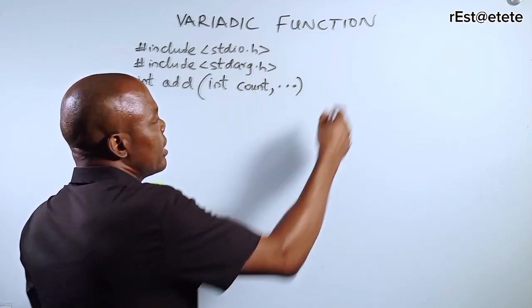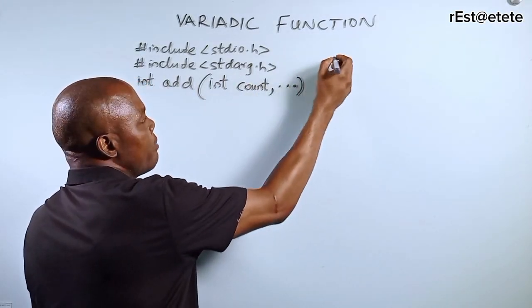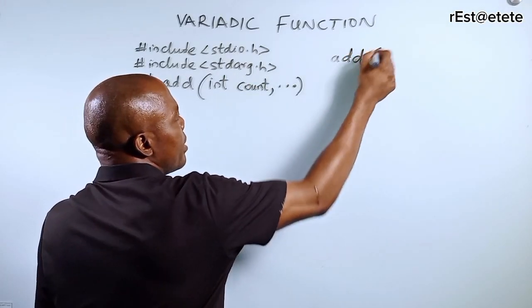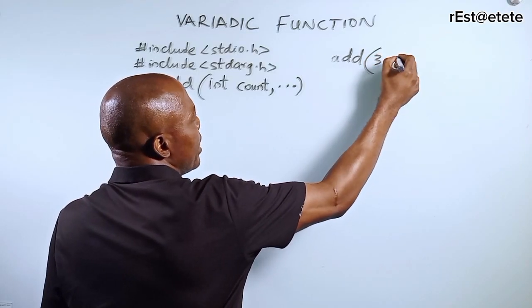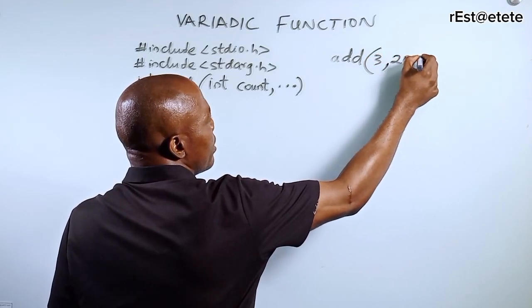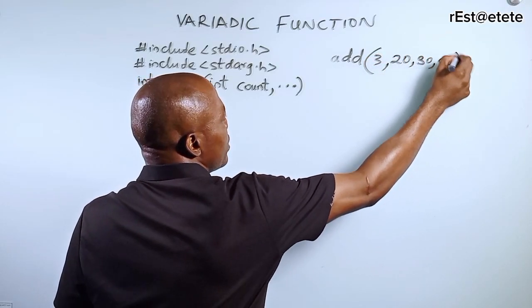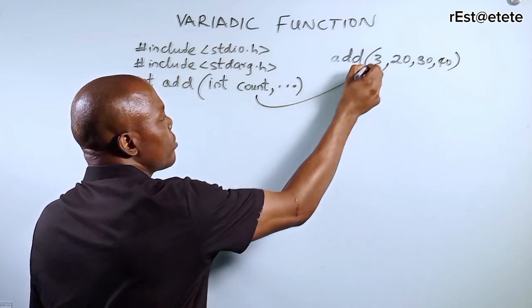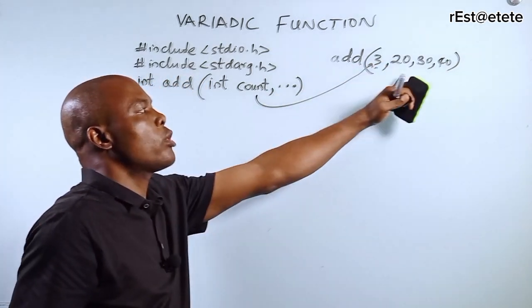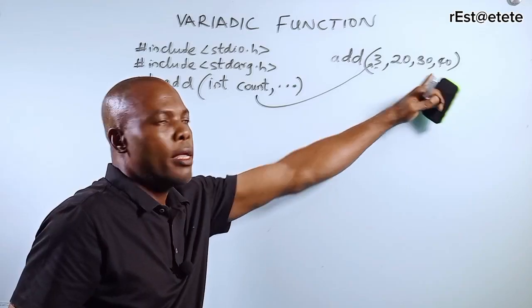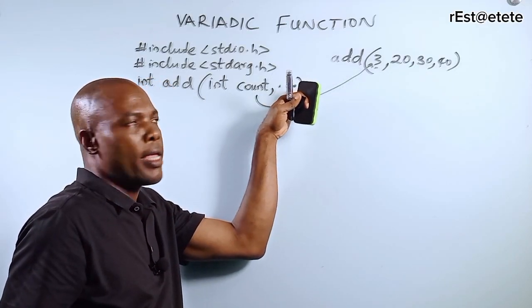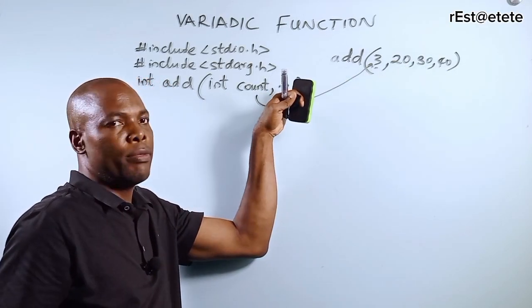So this count is like saying, when I call this, if I say add, then I say 3, then I say 20, 30, 40. So this 3 is this count, meaning I'm going to supply only 3 items, but I don't know how many they are. That is why I'm putting this ellipsis.